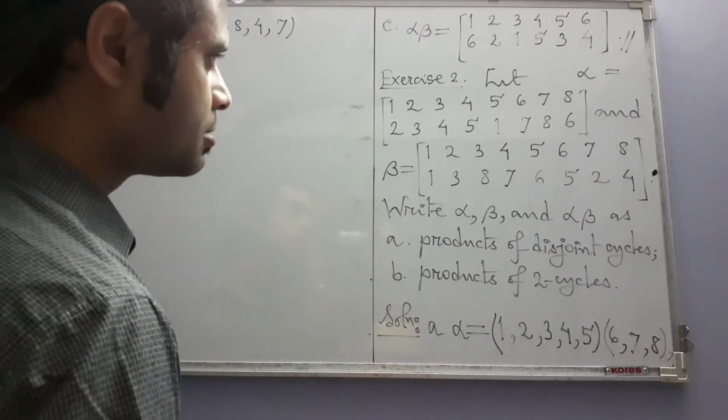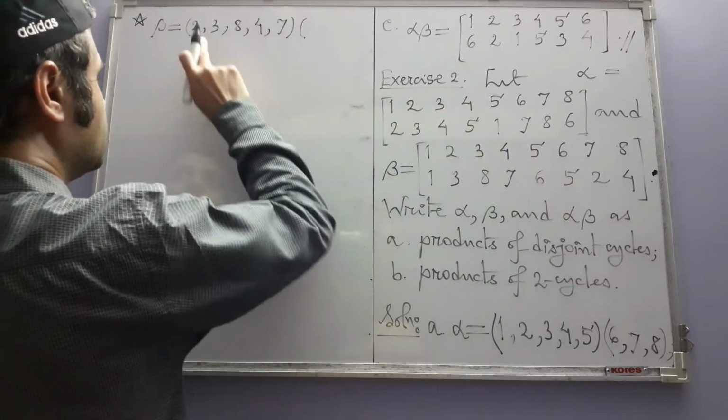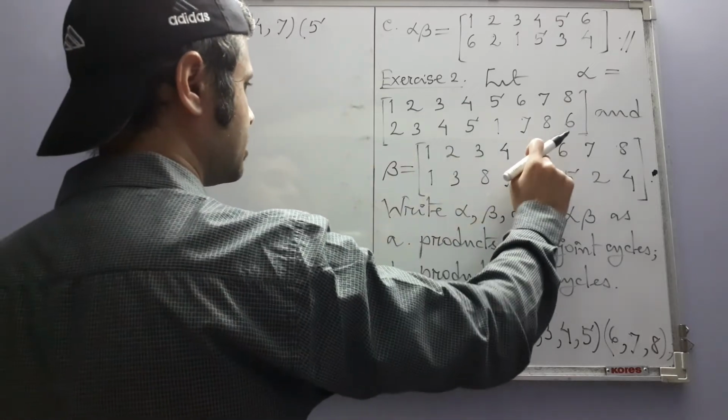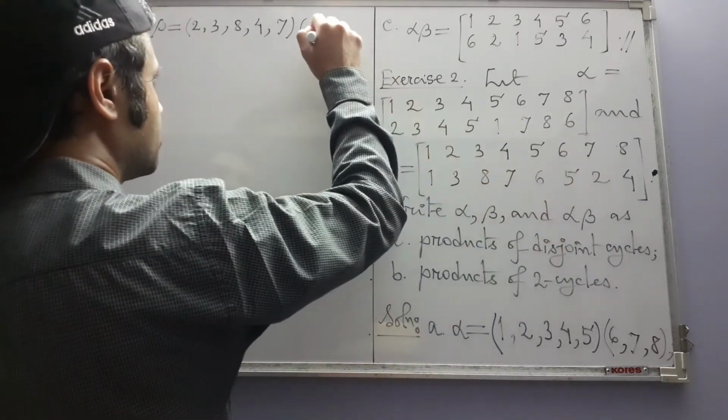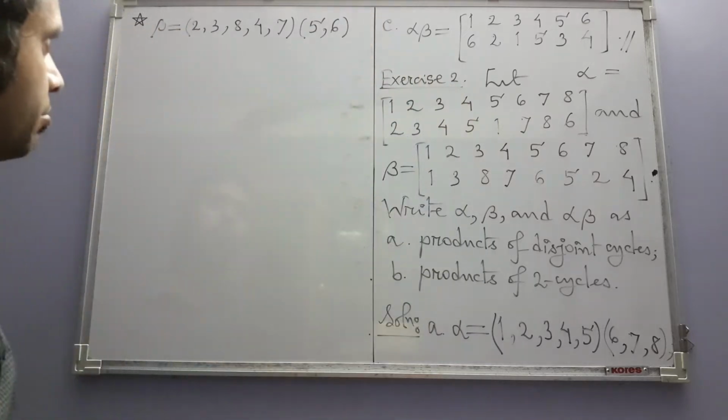What have we missed? We have missed 5. 5 is sent to 6 and 6 again is sent back to 5. So this is beta.